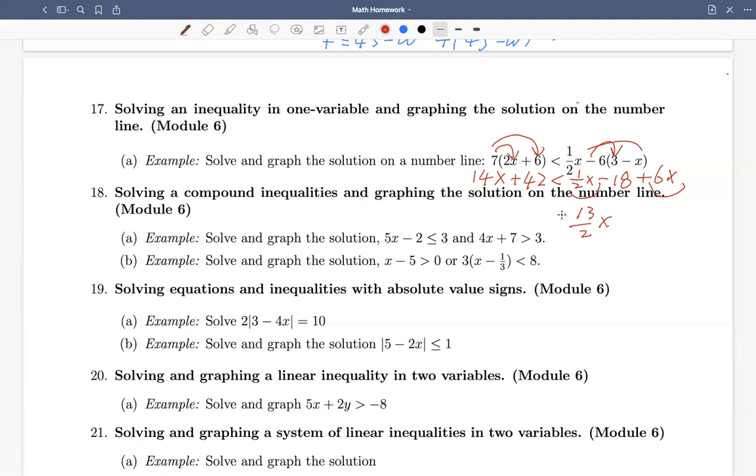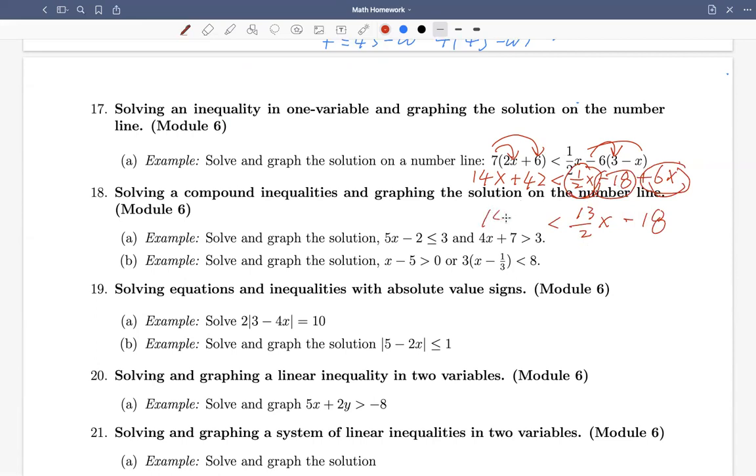So this is greater than or equal to 13 over 2x, and we still have -18 here.